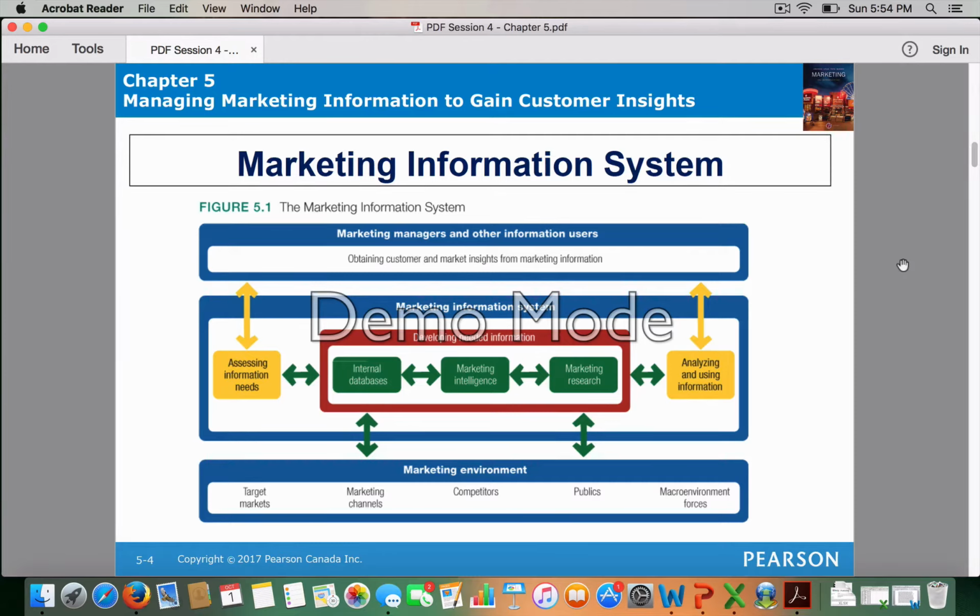You could gather information about your competitors. You could gather information about other publics that have a vested interest in your organization or that you have a vested interest in. And you can also gather information about the macro environmental forces, which we talked about in the last video sessions.